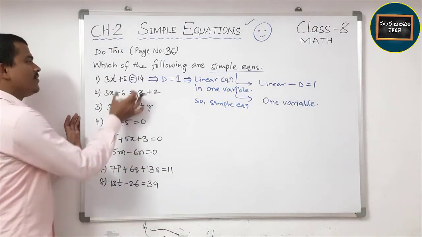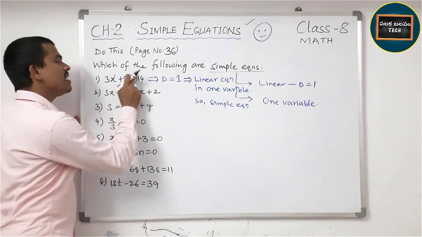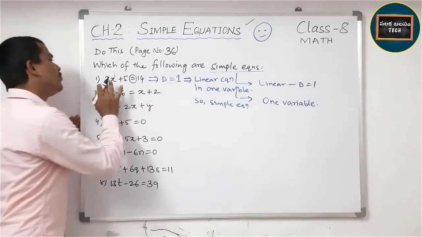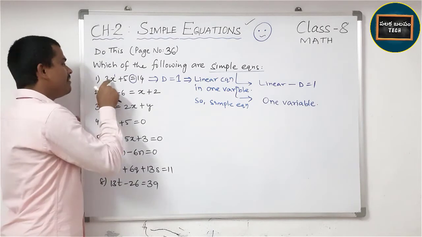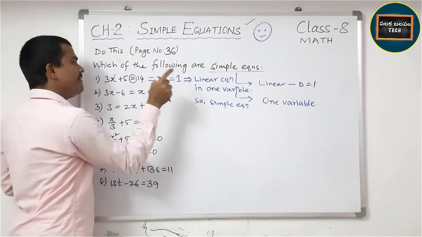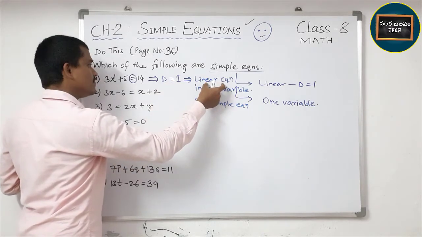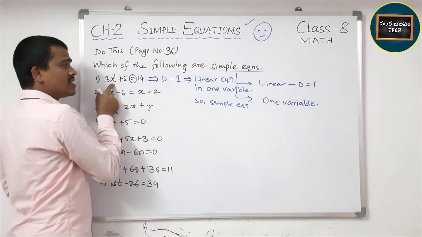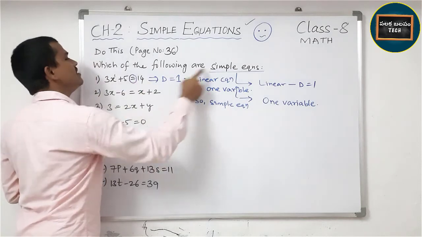The first one: is it an equation or not? Yes, by seeing the equality sign, we can say it is an equation. Now find the degree. The degree is nothing but the highest power of the variable. The variable is x. The power of x is 1. So the degree is 1. Whenever the degree of the equation is 1, it is called a linear equation. Now it has only one variable, that is x. So it is a linear equation in one variable. Hence it is called a simple equation.